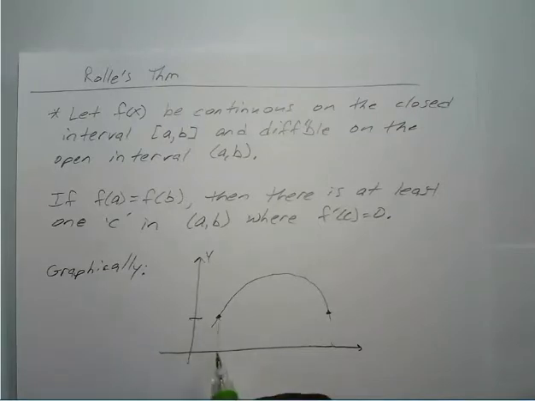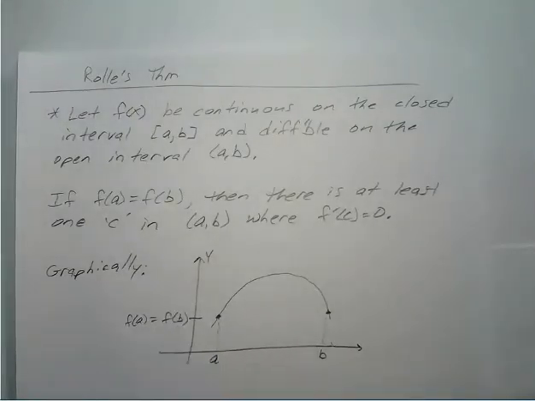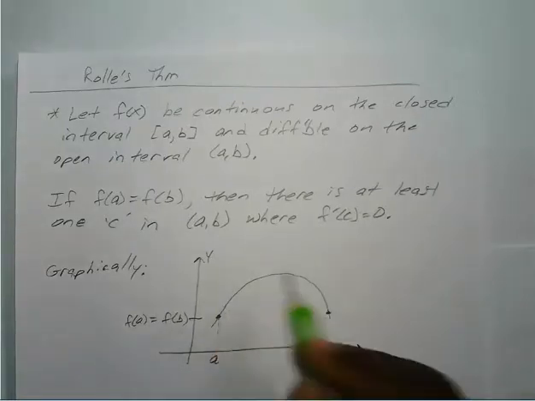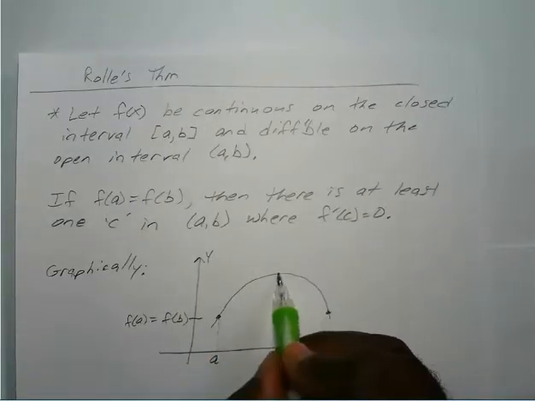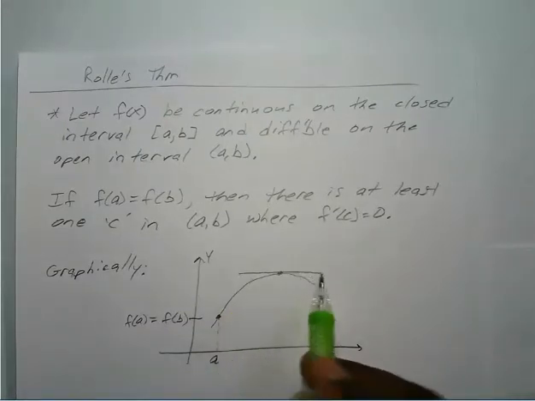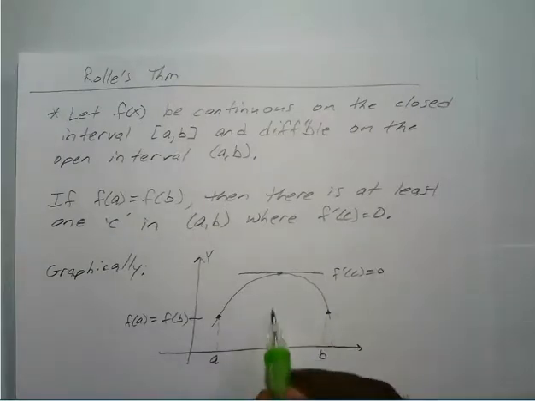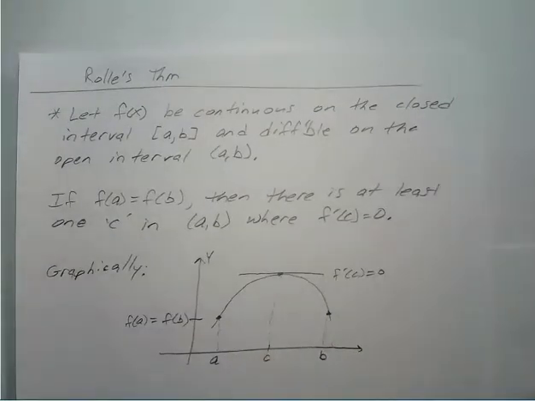This is your A value and this is your B value, so f of A is equal to f of B. If those two are equal on some open interval, then at some point between them you'll have a zero slope, or f prime of C is equal to 0, where this is your C value between them.